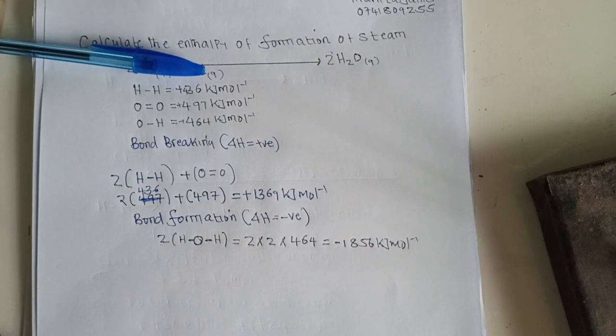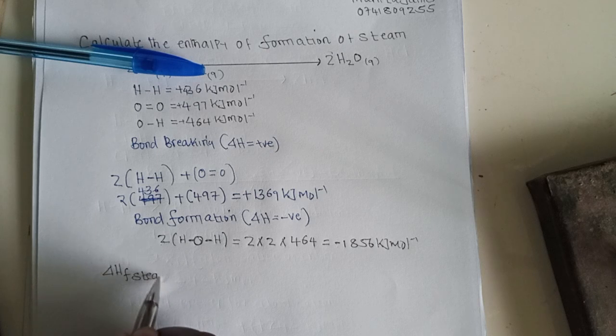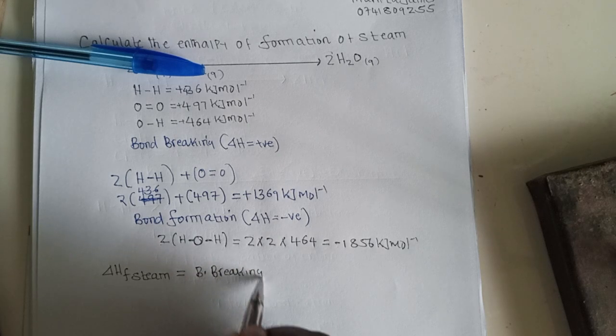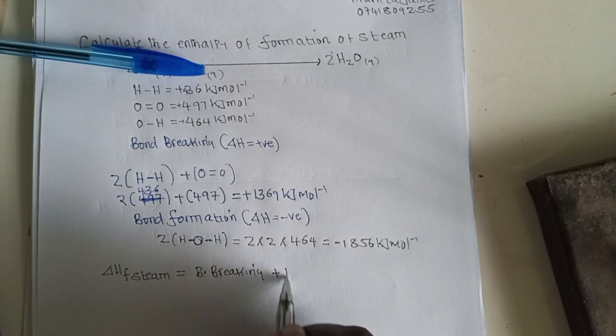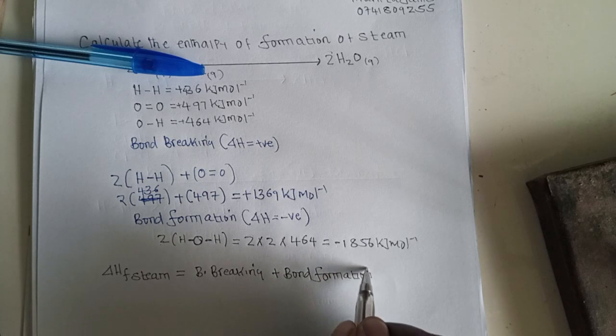Therefore, to answer our question, delta H, the enthalpy of formation of steam, is equal to the bond breaking plus the bond formation.